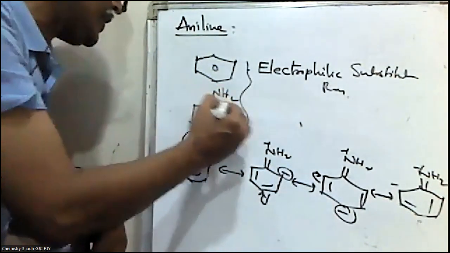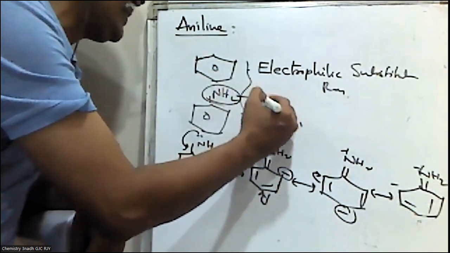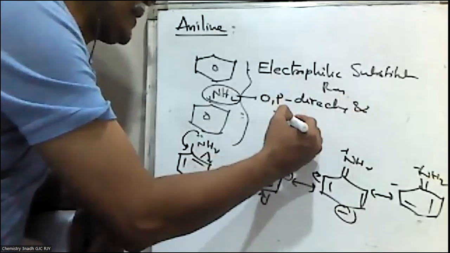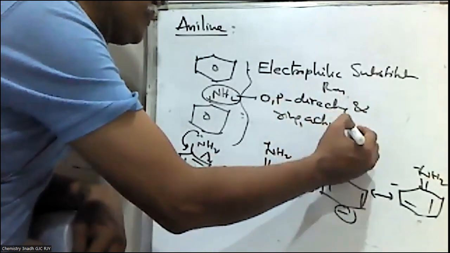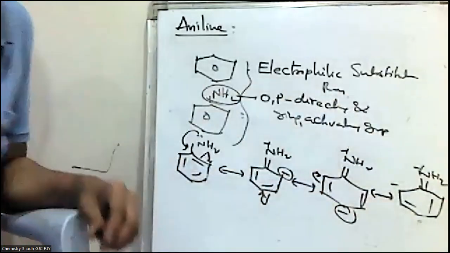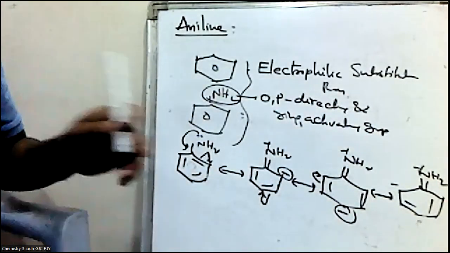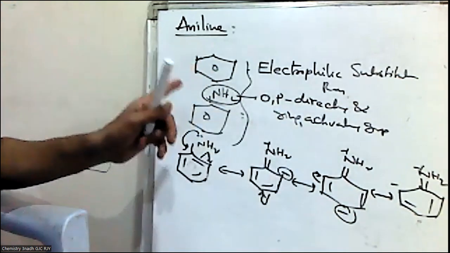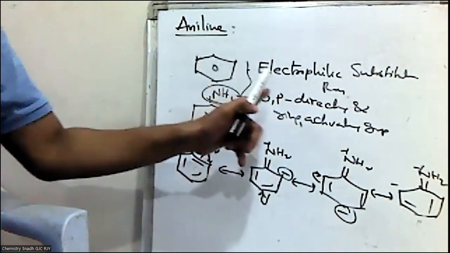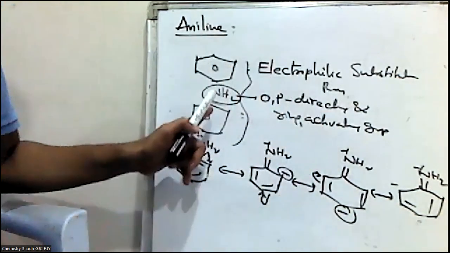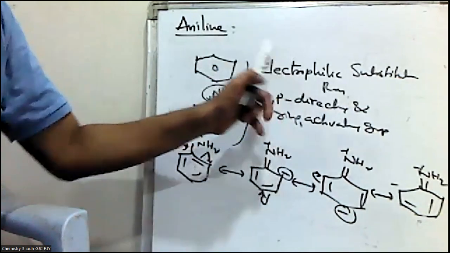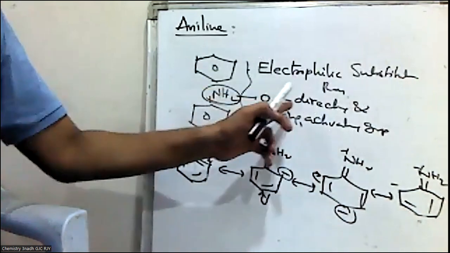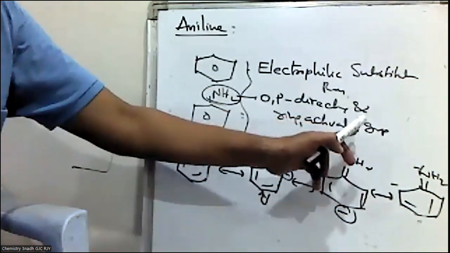That's why the NH2 group in aniline is an ortho-para directing and ring activating group. Aniline also undergoes electrophilic substitution reactions.